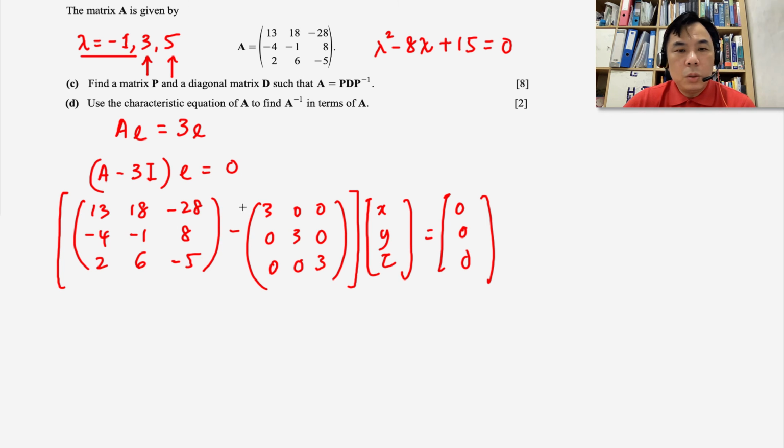So if we were to simplify this one here, we will get a 10, 18, and then negative 28. Same thing, negative 4, and then finally we have 8.